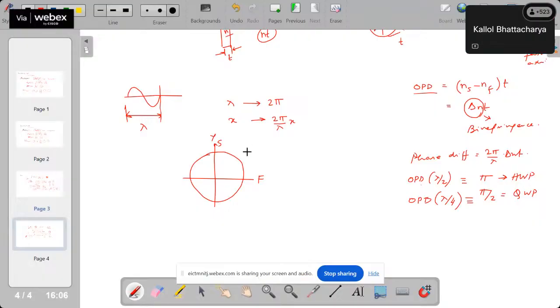So the amplitude here, if you write it as 1, the amplitude is also 1. But then a phase has been introduced between the two. So let us say when light comes out from here, the phase is e to the power i delta 1, and from here it is e to the power i delta 2. And let's say this is the transmission along the y-axis and this is the transmission along the x-axis.